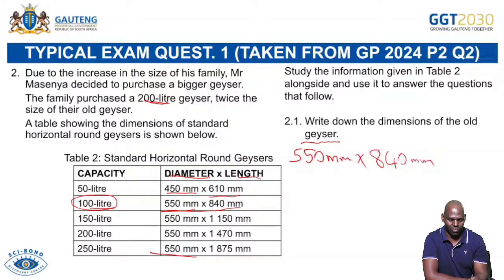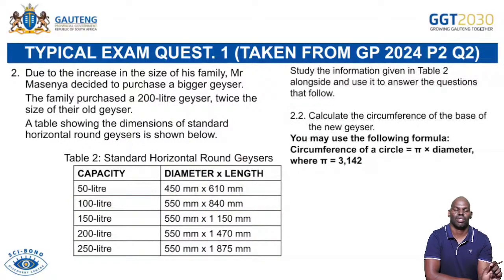It was just a matter of indicating that the diameter is 550 millimeters and then the length is 840 millimeters. This was the old one, not the new one, but the old one. Write down the dimensions of the old Giza.